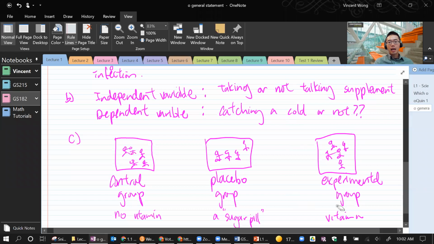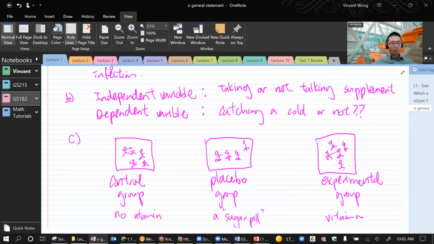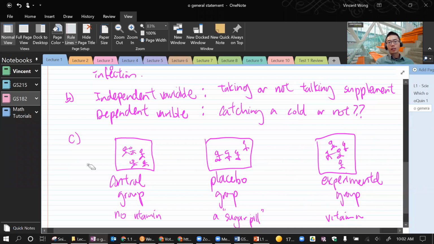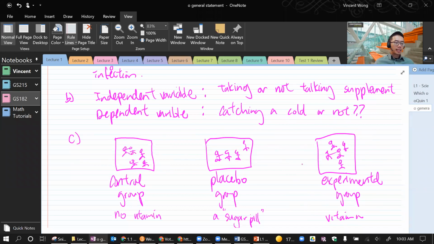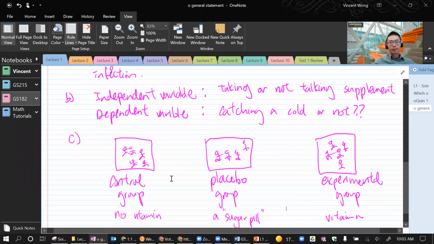So if we see a lot of people in the experimental group not catching the cold, then we know that taking supplements will help, okay? On the other hand, if we see similar numbers in all groups, let's say 70% of people in each group still catch the cold, then we know taking supplements is not going to help, okay?